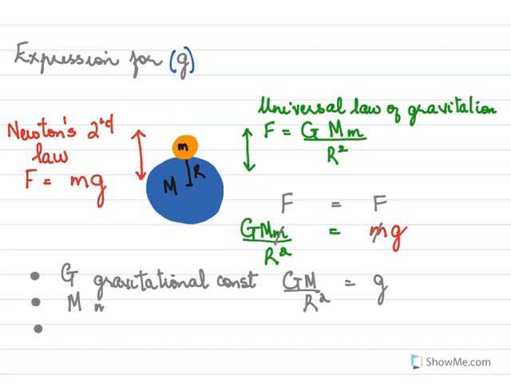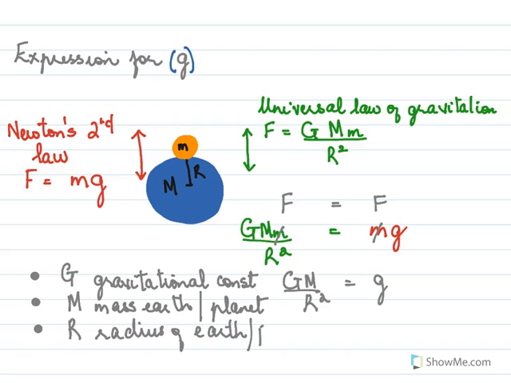It depends on M, which is the mass of the earth or any planet that you are calculating the g of. And it depends on r, that is the radius of the earth or of the planet. It, however, does not depend on the mass of the body.